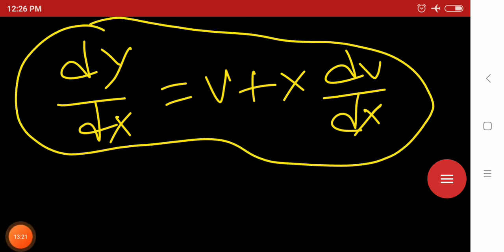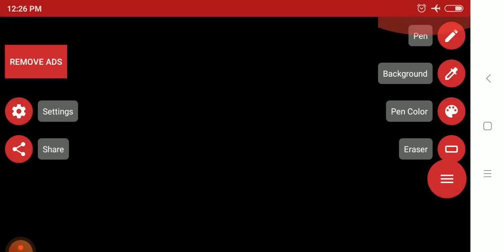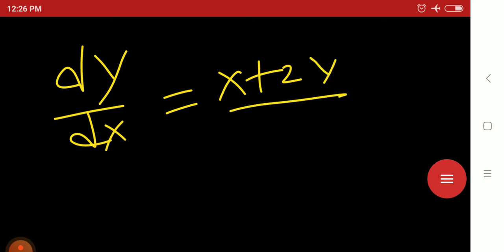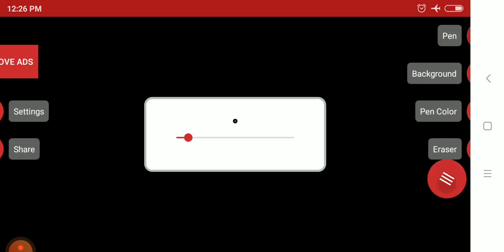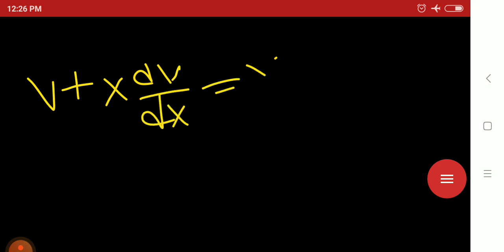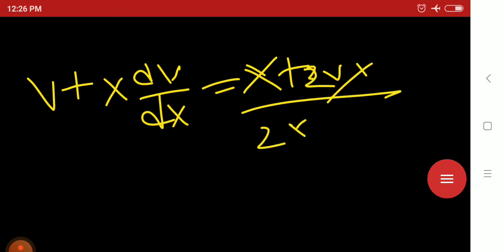So now putting this, you will get d capital Y by dx equals x plus 2y by 2x plus y. So you will get v plus x dv by dx equals x plus 2vx by 2x plus vx.